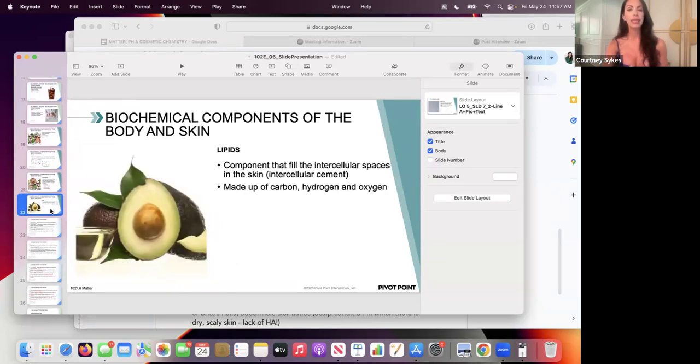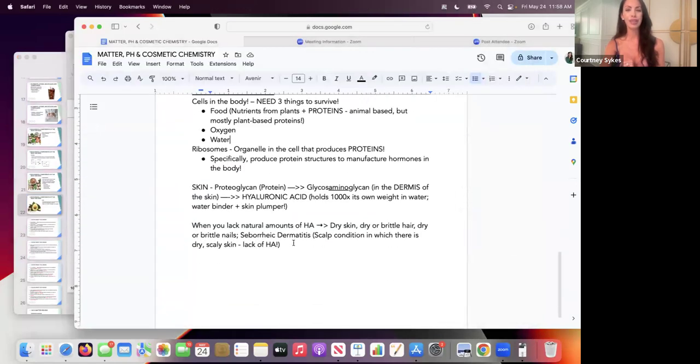Then lipids, of course, I love this picture of olive oil and avocados. Lipids are components that fill the intracellular spaces in the skin. They create something known as intercellular cement, which is so true, made up of carbon, hydrogen, and oxygen. So, oh man, let's put that in our notes, shall we? So we need lipids, right?